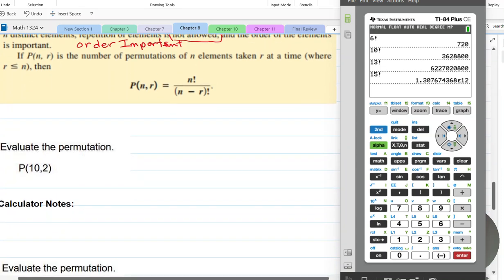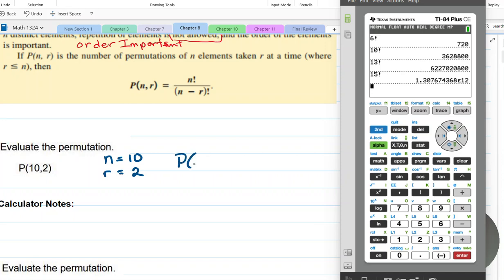All right, so let's do one without the calculator first. So here we have P of n and 2. So we know several things already. n is 10, and r, the size of the subset, is 2. So we're going to put it in the form of P of 10, comma 2 equals 10 factorial over (10 minus 2) factorial.